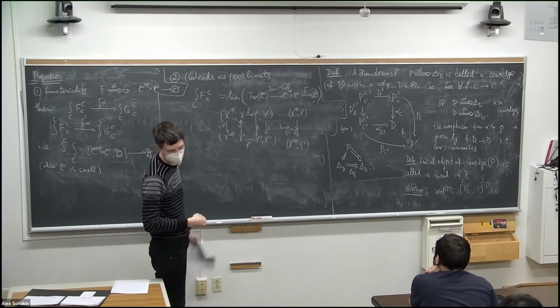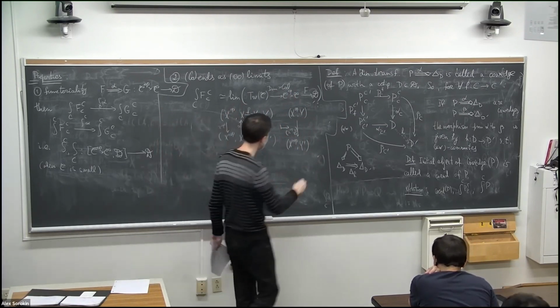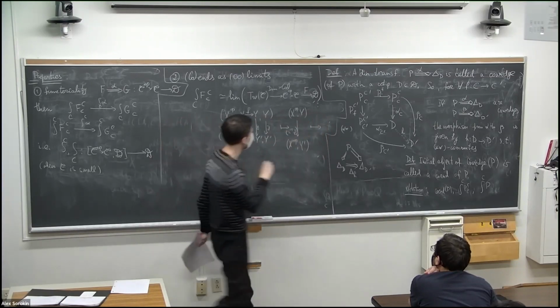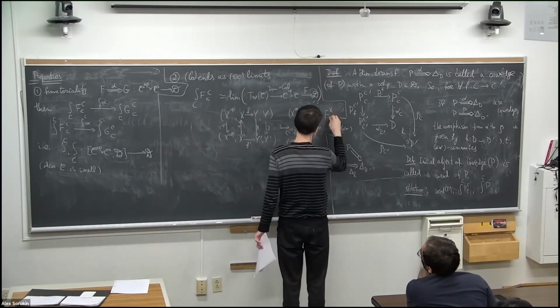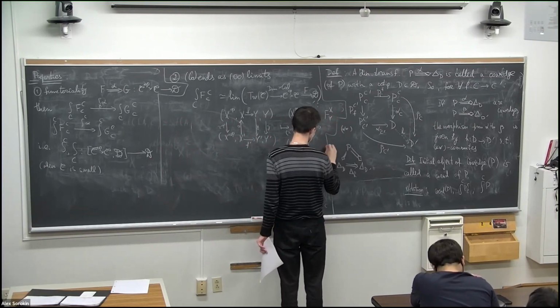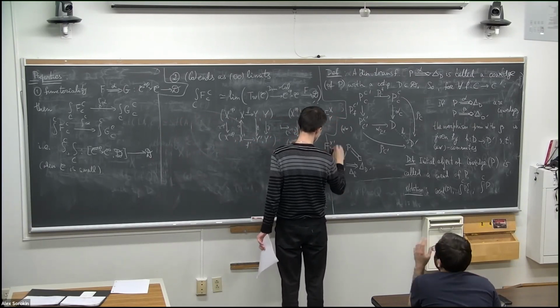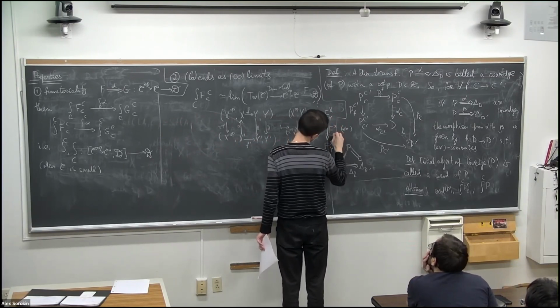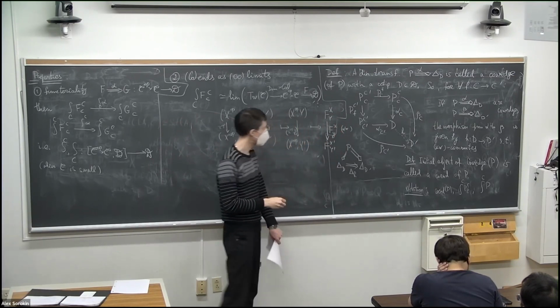We are kicking it out. And then we are applying functor F. So here will be F of X prime, Y prime, and between them F of X and Y.